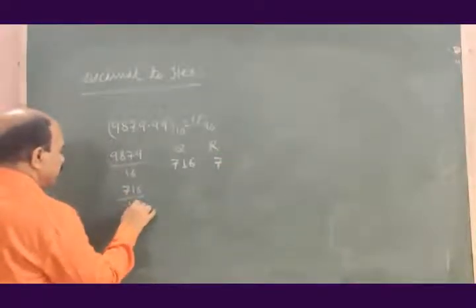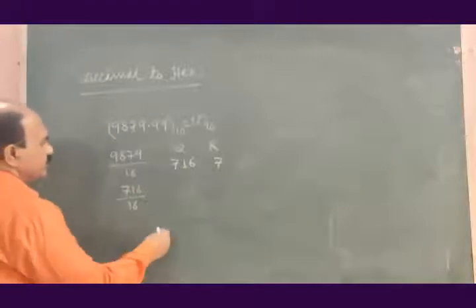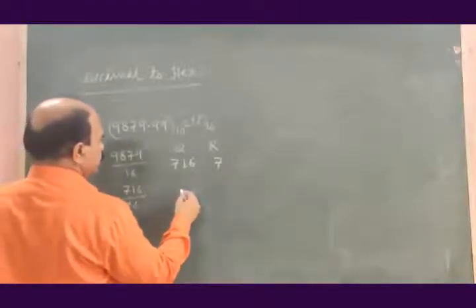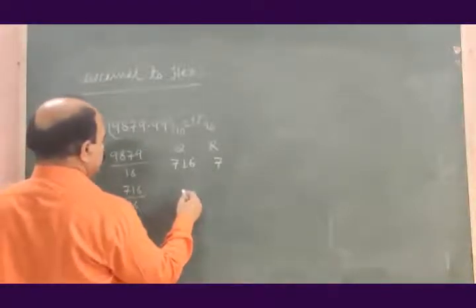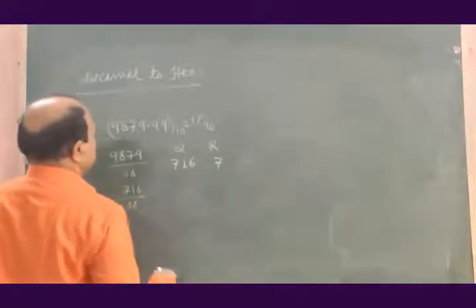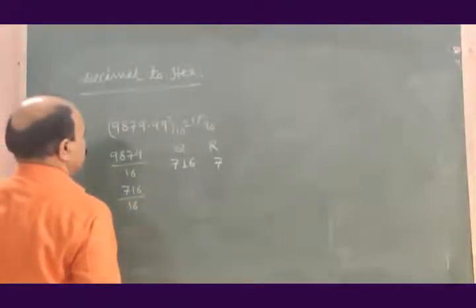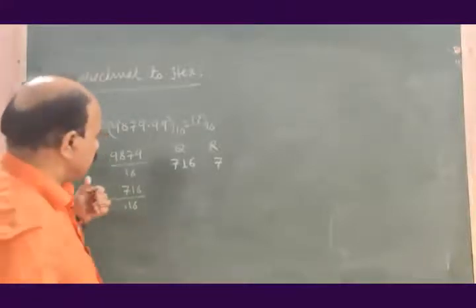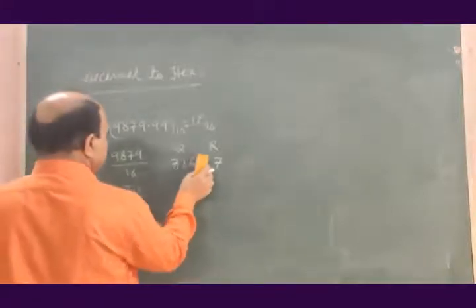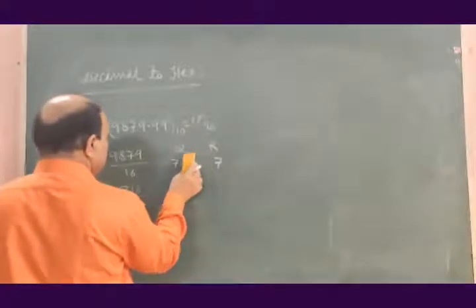617 divided by further 16. So a mistake is made here. 617.